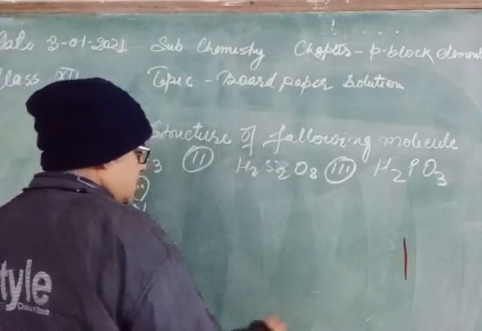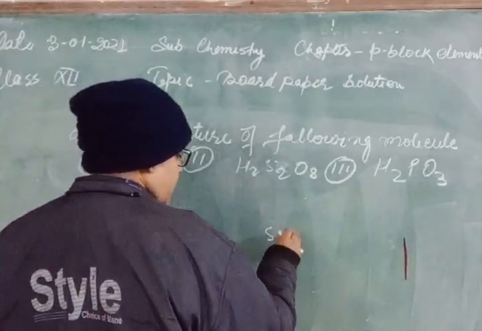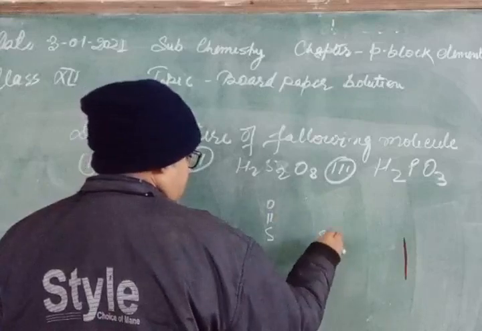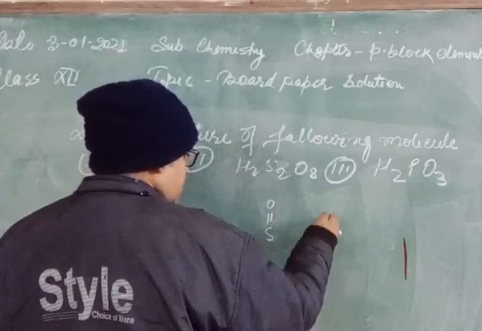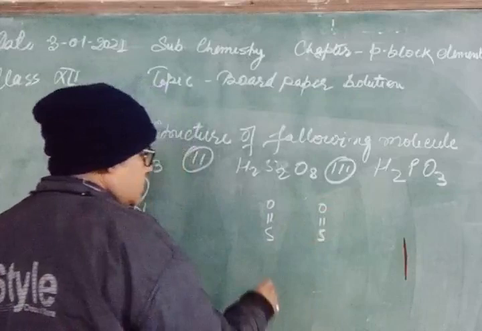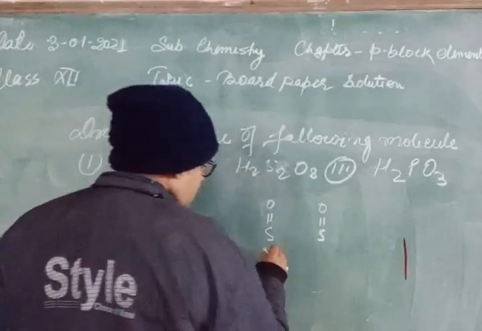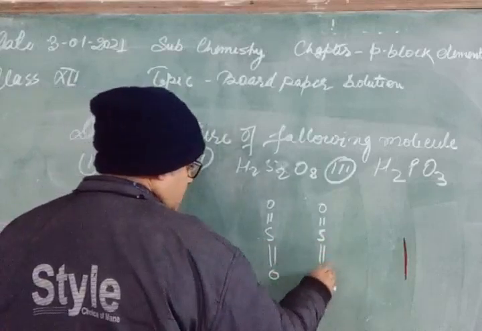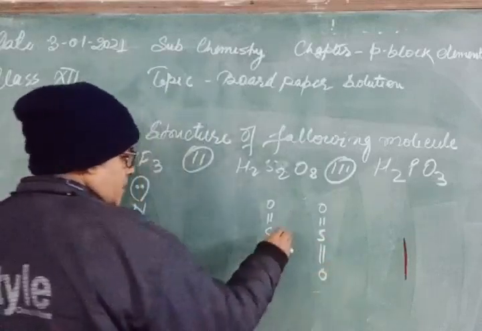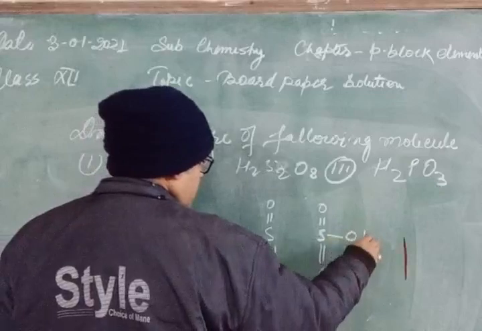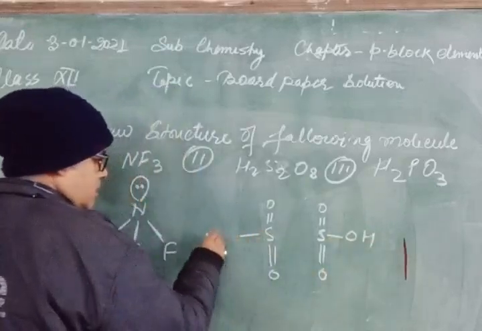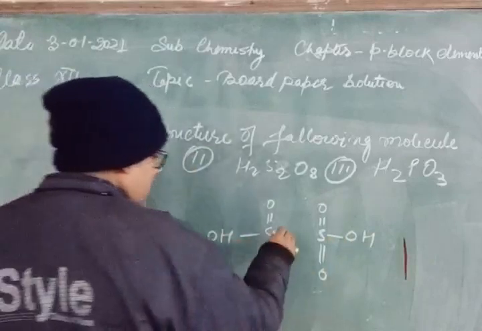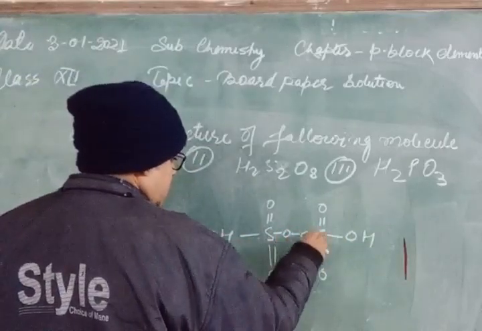The next structure is with sulfur. Like phosphorus, here there will also be double bonds with oxygen, two double bonds with oxygen. One will be OH, and the remaining oxygen will be adjusted between two sulfurs like this.